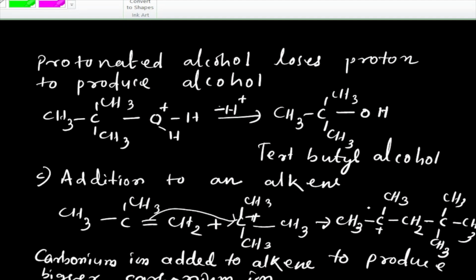At position 2 there is a methyl group, and at position 4 there are 2 methyl groups. So it is 2,4,4-trimethyl. 1, 2, 3, 4, and that is a tertiary carbocation or carbonium ion. A carbonium ion is added to an alkene to produce a bigger carbonium ion. For the first one there were only 3 carbons, whereas here it is 1, 2, 3, 4, 5, 6, 7 carbons. This is a bigger carbonium ion.